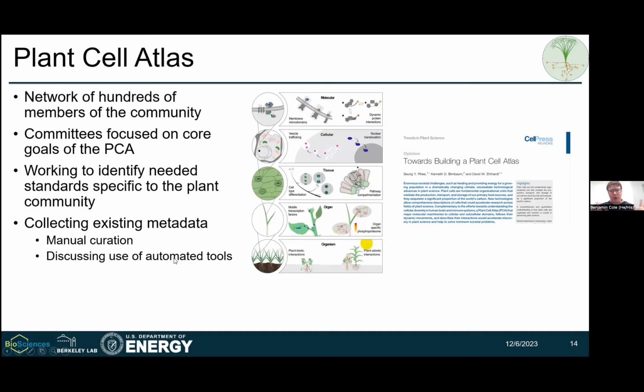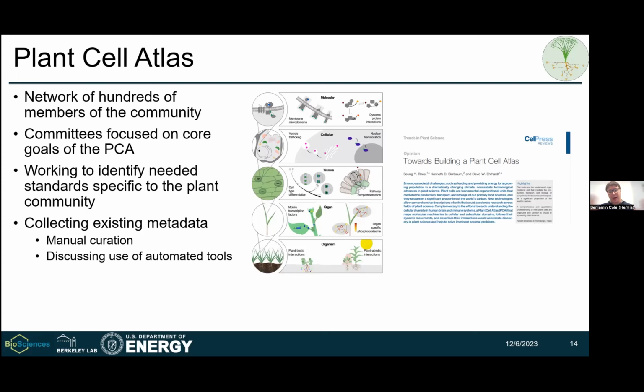Our data management infrastructure group, together with Noah Fahlgren, is working to identify needed standards, specifically for data and metadata that are specific to the plant community. And here's something that I think working with AgBioData could be really useful.